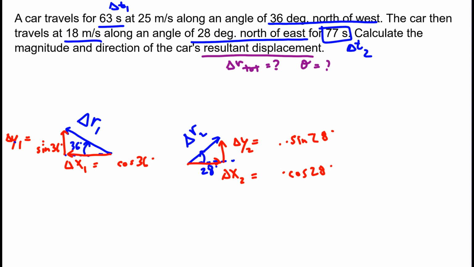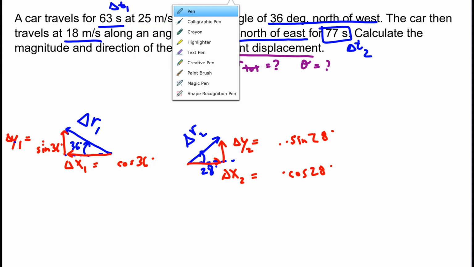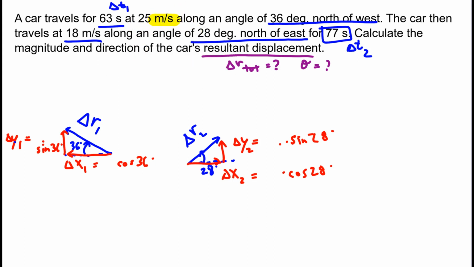How do I find delta R1? Well, what is this 25 meters per second? It is in meters per second, which means it has to be V2D, a two-dimensional velocity rather. This is a velocity, not displacement, and I know it's velocity because it's in meters per second. I know delta t, I know the velocity.